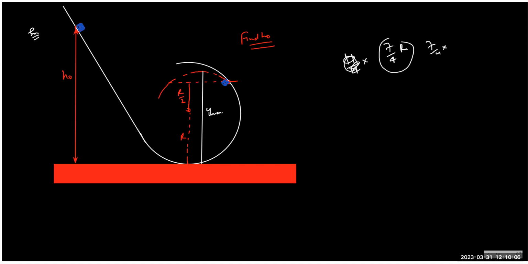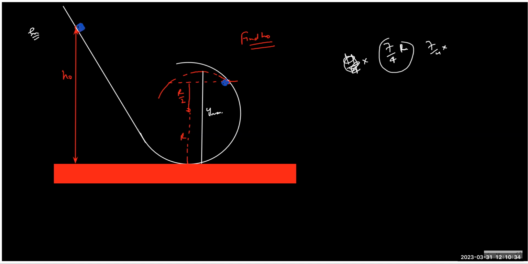We just meet the normal zero at that point. No, that's not possible. Okay, wait, we'll try. Sorry, this is the right answer. Correct. Because what I did now, I made normal zero at that point, so that is the h naught, right? 7 by 4 r is h naught. Correct. Then what is the h max from ground?